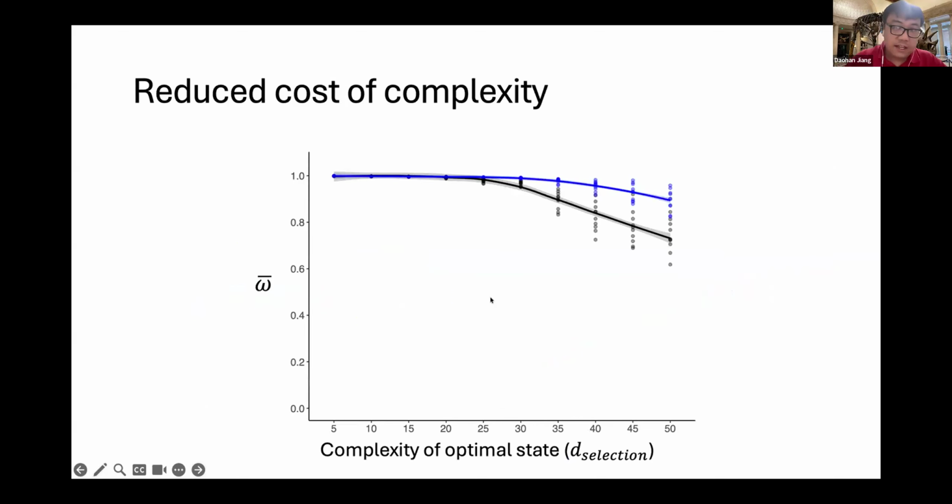And note that if we allow C to evolve, there's a greater influx of potentially adaptive mutations. So that also resulted in better performance in adaptation. So fitness at the end is also higher if you allow C to evolve.